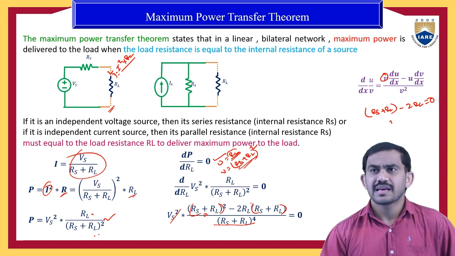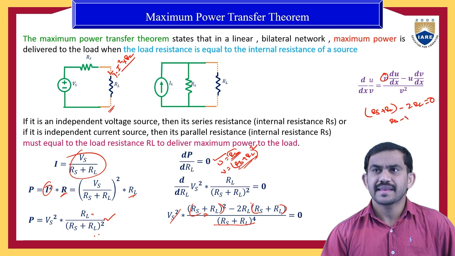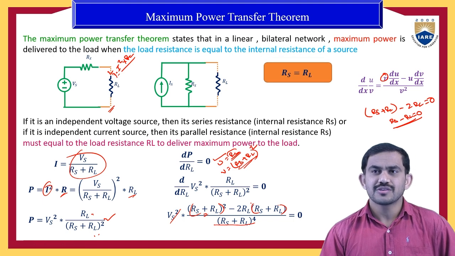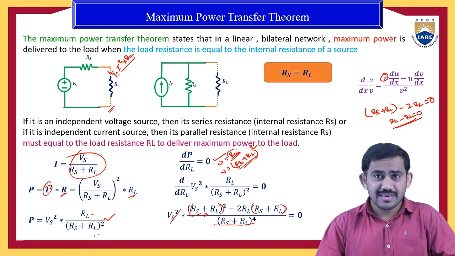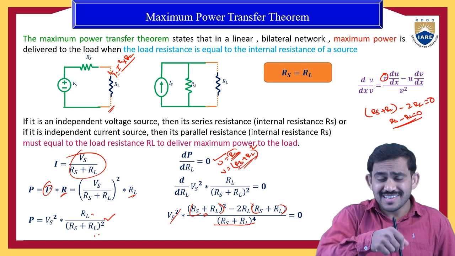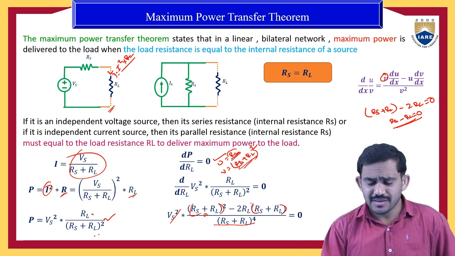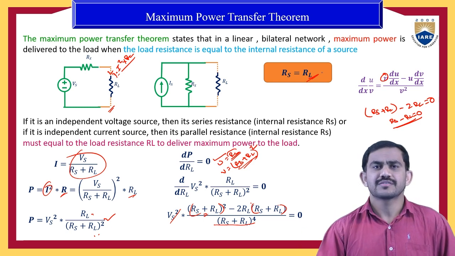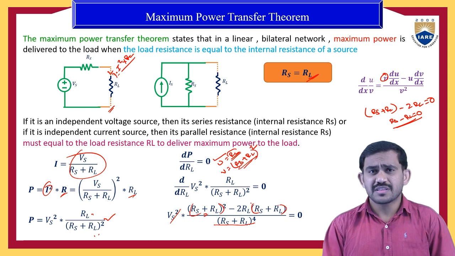From this we get Rs minus RL equals 0, so Rs equals RL. So maximum power is delivered to the load when the source resistance equals the load resistance. Then we get the maximum power at the load point. We proved the maximum power transfer theorem statement.